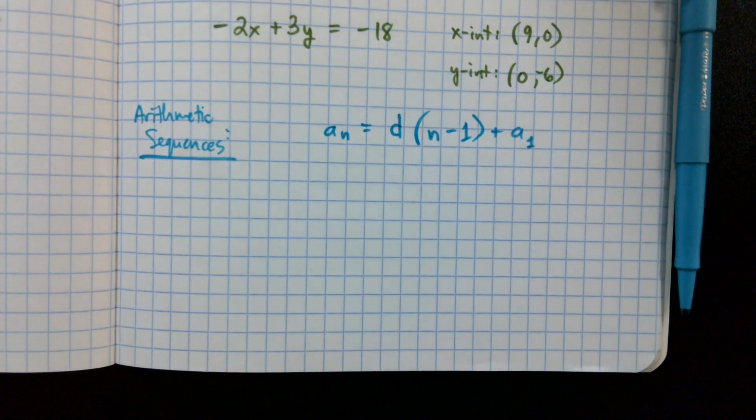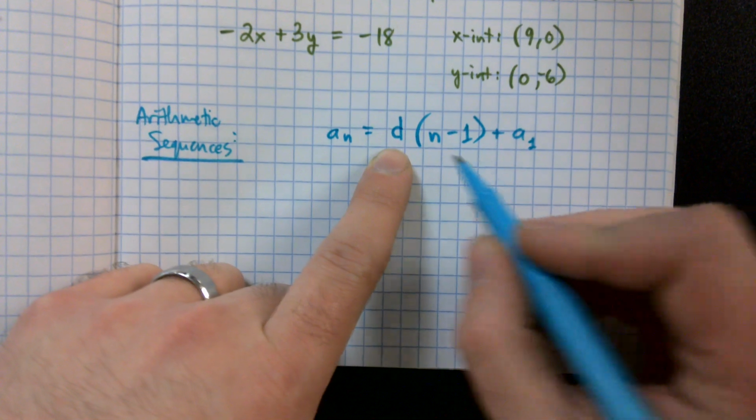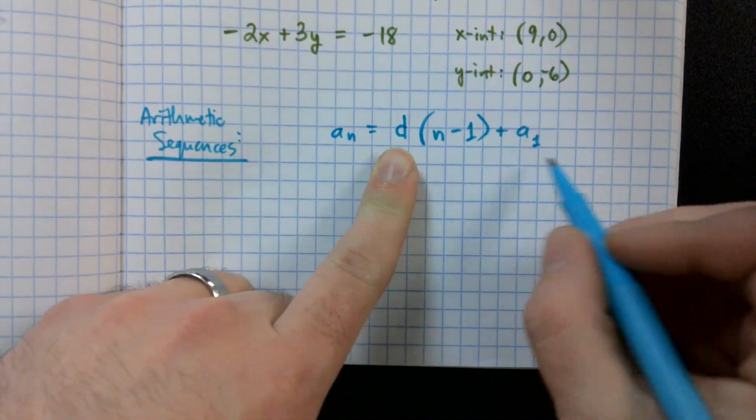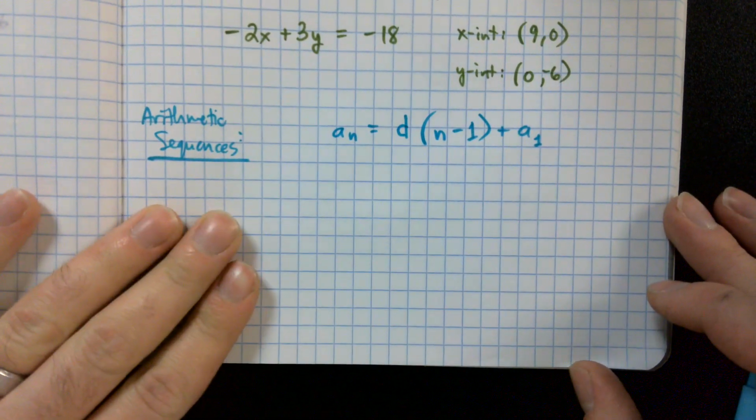Yeah. So in this formula, a sub n represents the desired term that we want to solve for. D is the common difference. N represents just some number, and then a sub 1 is the first term in our sequence, right? Whatever we see first. Okay?